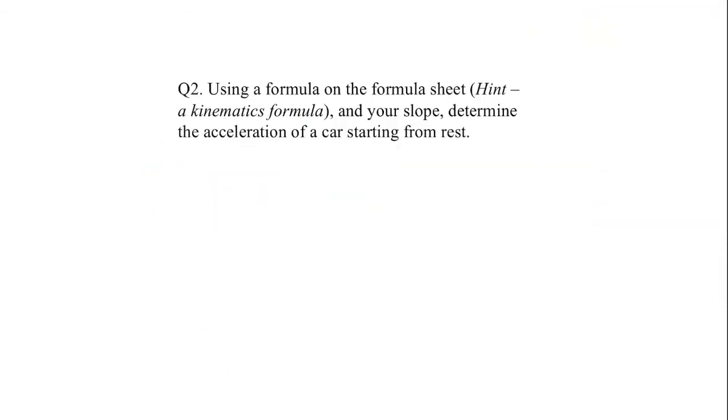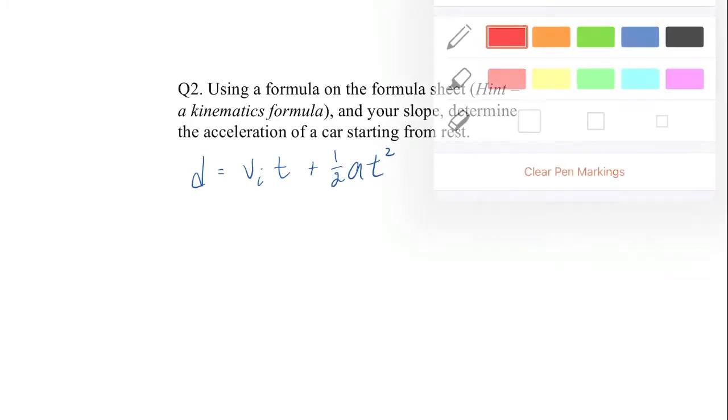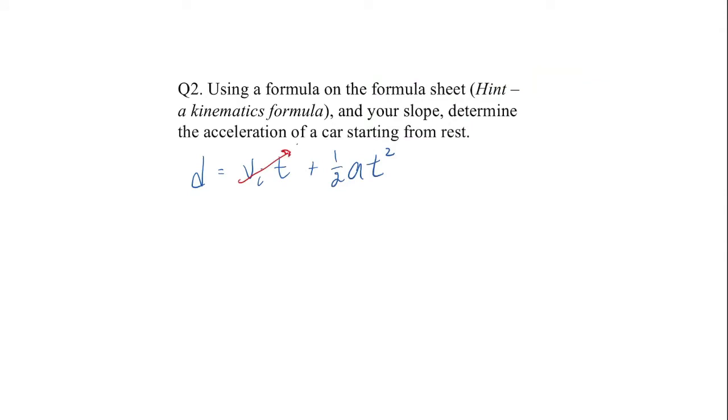So the equation I'm going to use is a kinematics equation because I know my initial velocity is 0 and I know that I don't know my final velocity at all because I don't even know when this is ending.